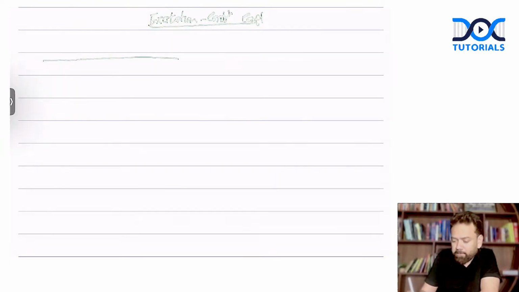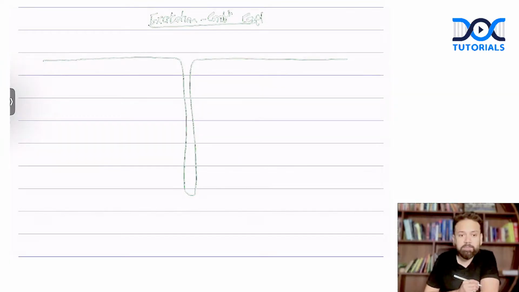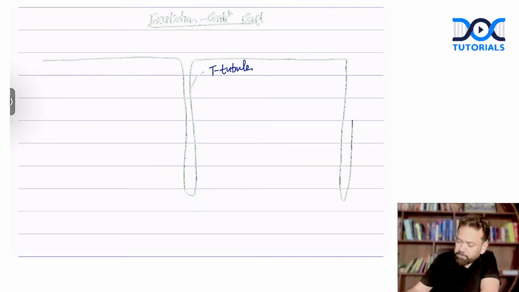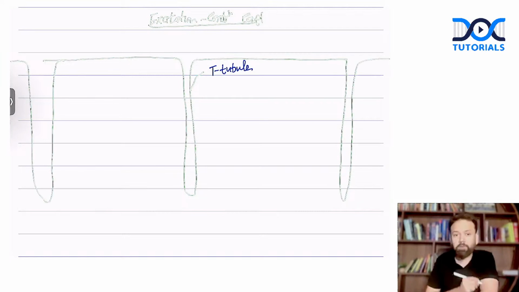The sarcolemma is invaginated inside the muscle like this, and these are simply called T tubules. So there are invaginations of the sarcolemma everywhere, simply called T tubules, so that the action potential can go deeper.